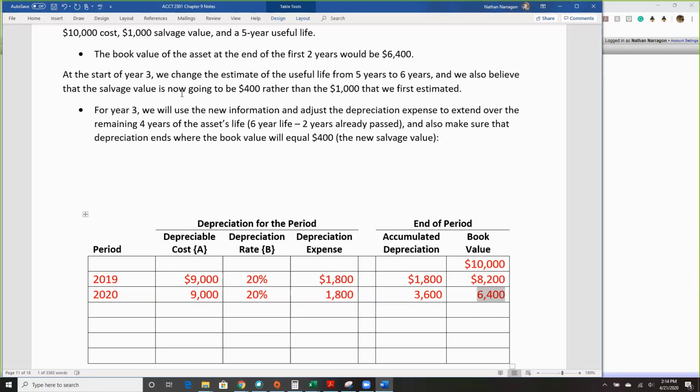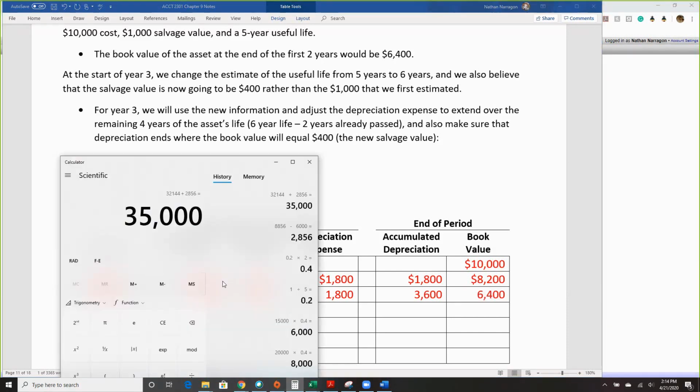Now, when we look at this, first off, again, since I cannot go back, our depreciable cost is the book value, previous book value in year 2, minus our new salvage. Okay? So this is our depreciable cost, or that top part of our fraction or straight line.